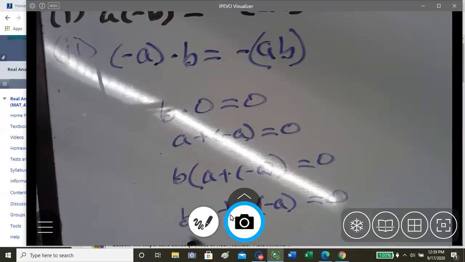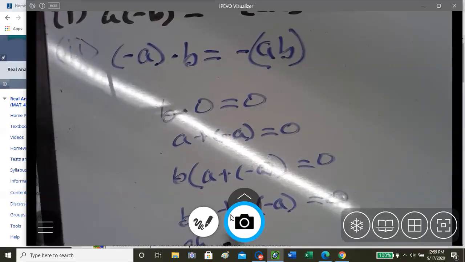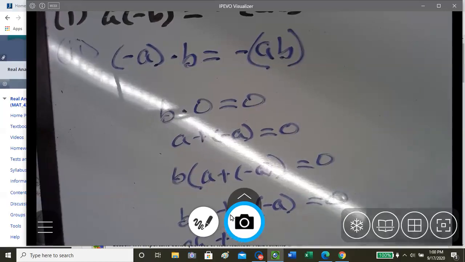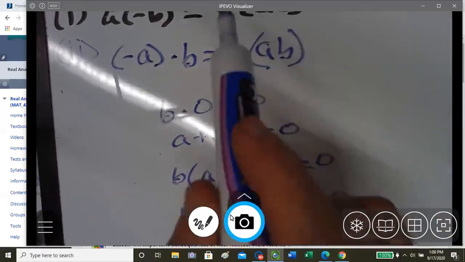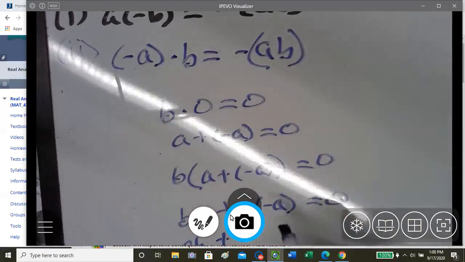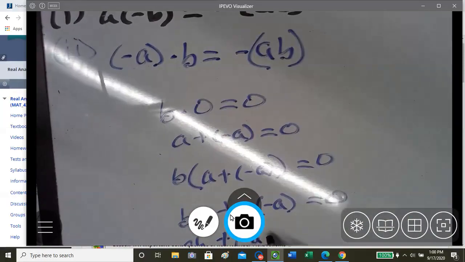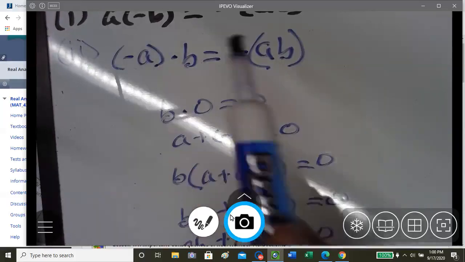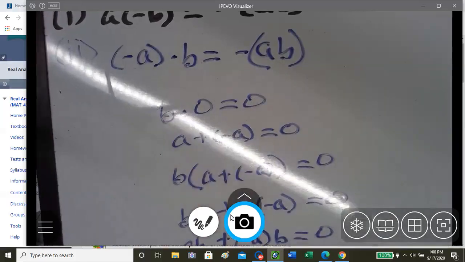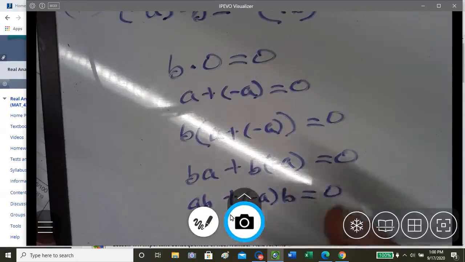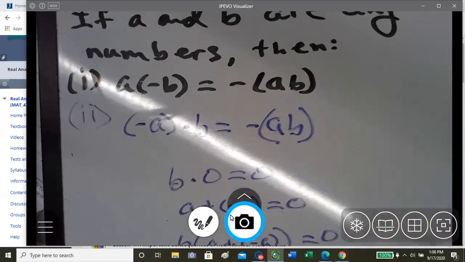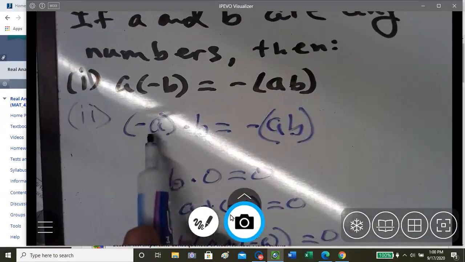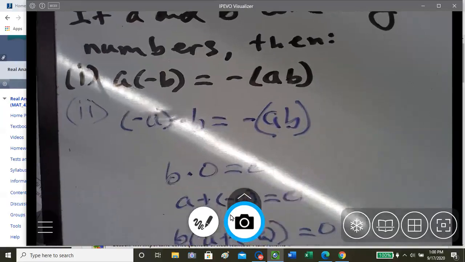So b times a is ab. And negative a times b equals 0. So by the commutative property, we flip these two. And with II we're saying that negative a times b is a negative ab.